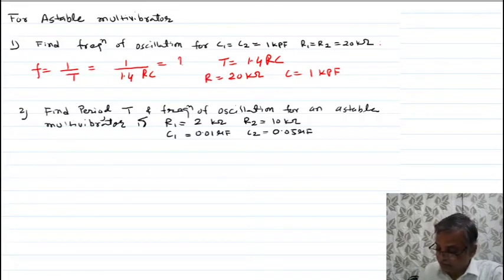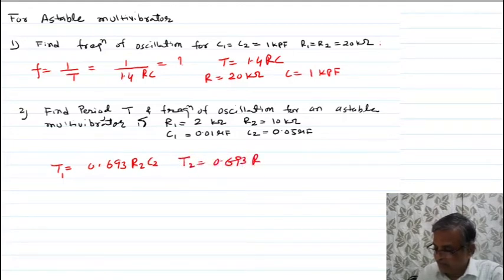Second, find the periodic time and frequency of oscillation for this given data. We already know that T1 is equal to 0.693 into R2C2 and T2 is equal to 0.693 into R1C1.